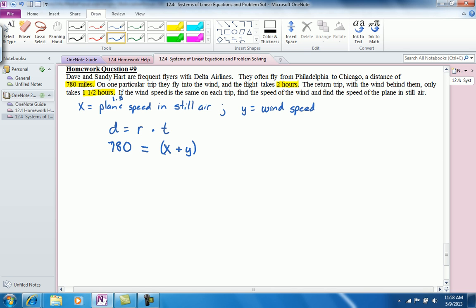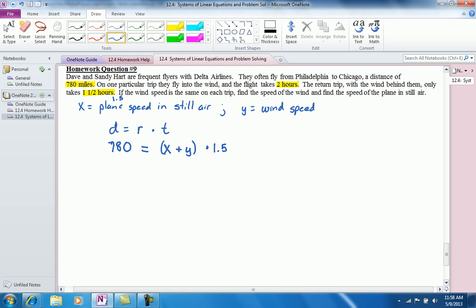And if the wind is helping me, I'll go faster. I'll get to where I'm going a little bit quicker. So between the 2 hours and the 1.5 hours, this one would have to be the 1.5 hour time. So there's my first equation.